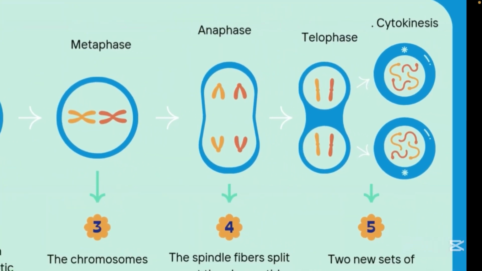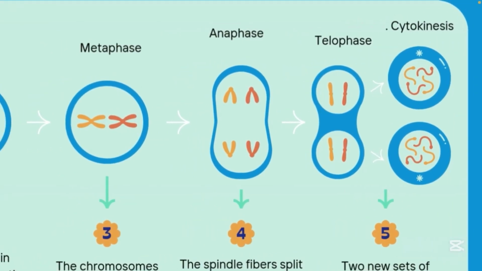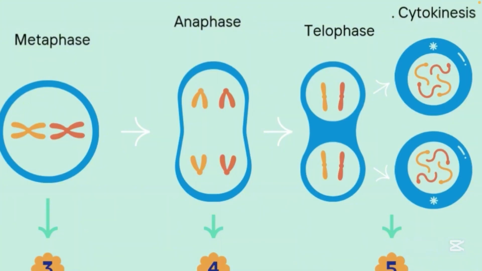In the last stage, the telophase stage, we can see that it has started to become 2 individual cells. The chromosomes reach the opposite poles and decondense.